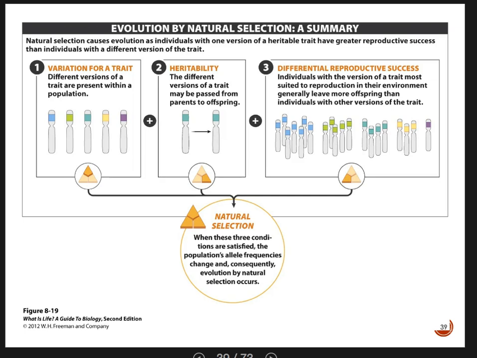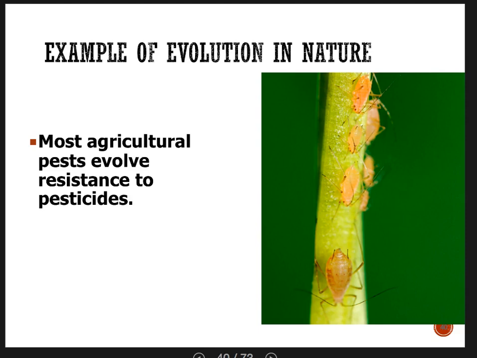Let's take these concepts, variation, heritability, and differential reproductive success, and let's use it in an example of evolution in nature. And the evolution that I want to talk about is something that unfortunately farmers have been dealing with for quite some time, and that is that agricultural pests, like this aphid that you see in this picture, are evolving resistance to pesticides.